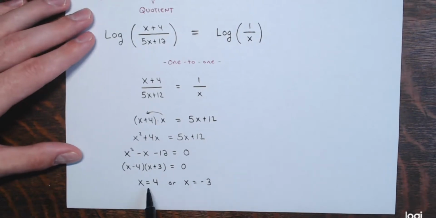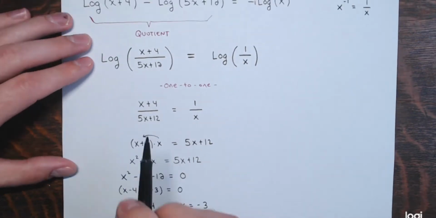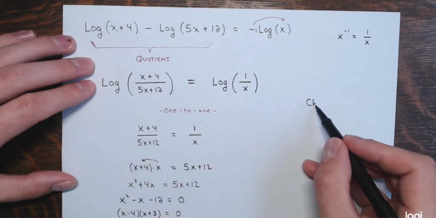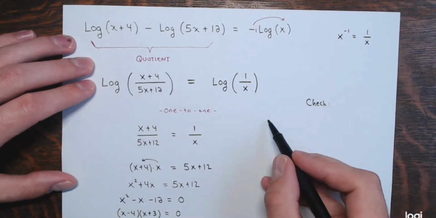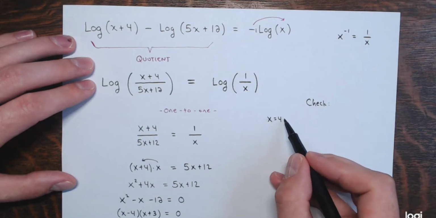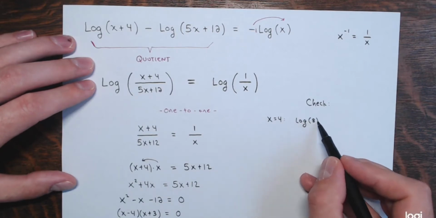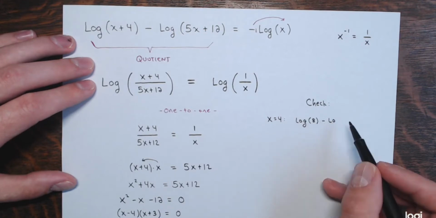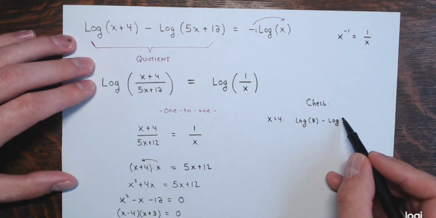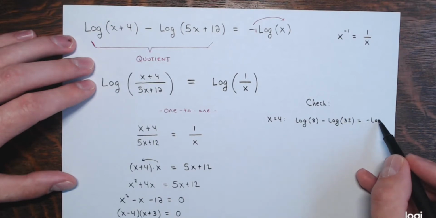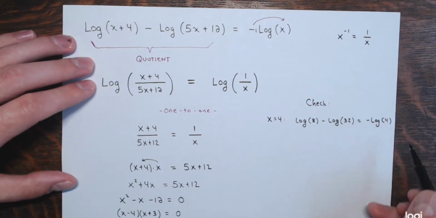When I plug in 4 for x, you'd have the log of 8, and I'll do the check over here. When x equals 4, we'd have the log of 8 minus the log of 32 equals negative log 4, right, which would be true.